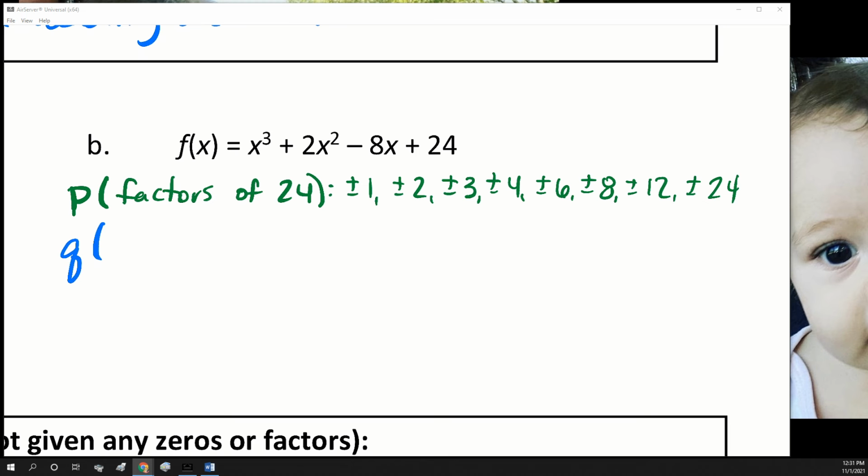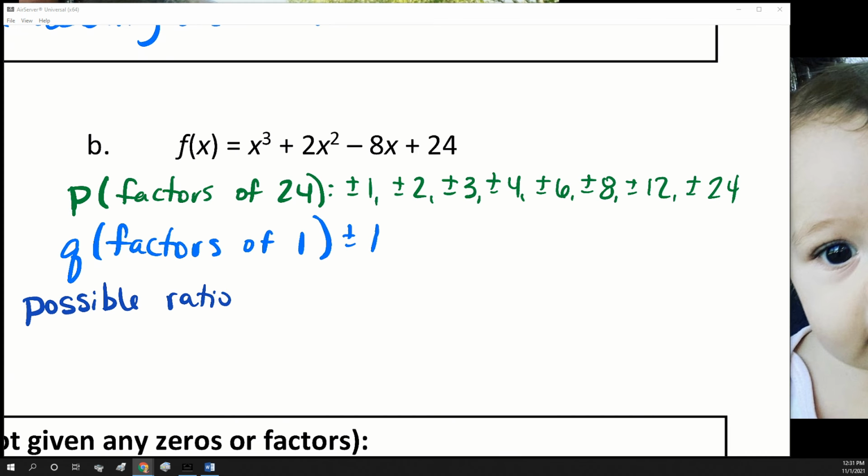All right, and then for Q, we're going to write the factors of the leading coefficient, which in this case is 1, so that's easy. All right, so for our possible rational zeros, we're going to put P over Q. So if we put all that green list over 1, it's just going to be that green list.